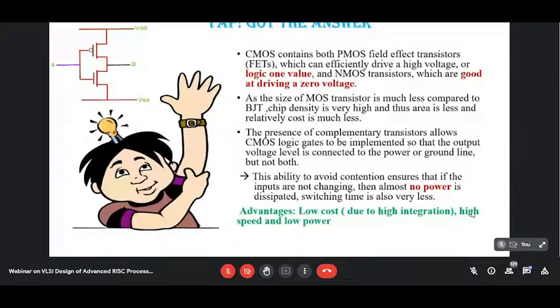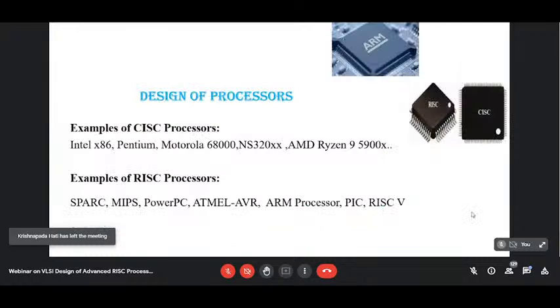If we compare with BJT, then definitely it gives you the edge, and that's the reason CMOS is used for VLSI circuits. Now, understanding the fundamentals of VLSI and accepting the fact that CMOS is the basic building block, we will go towards the design of processors.